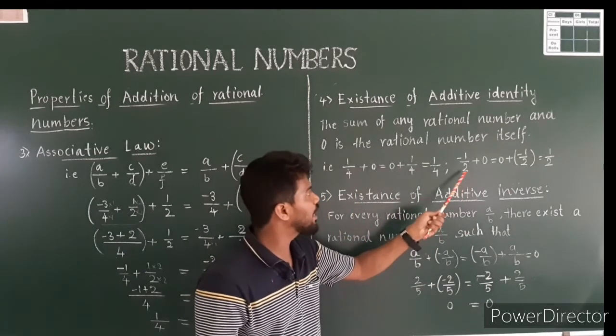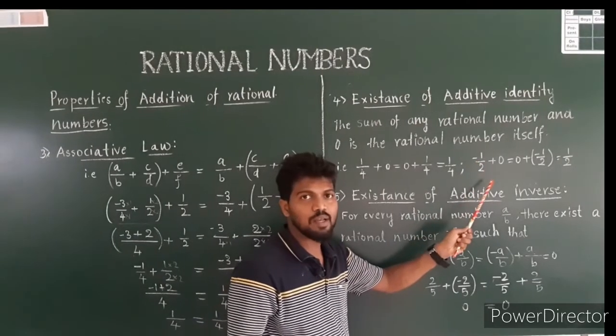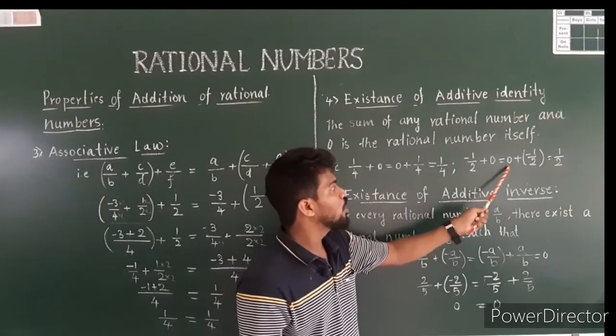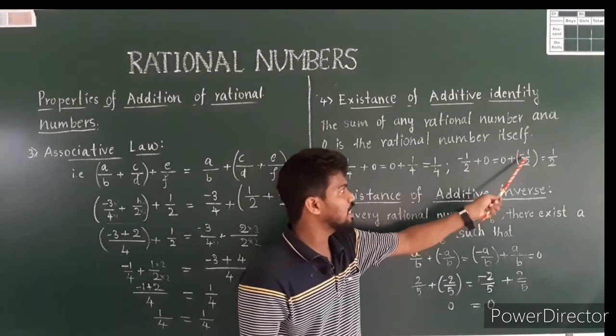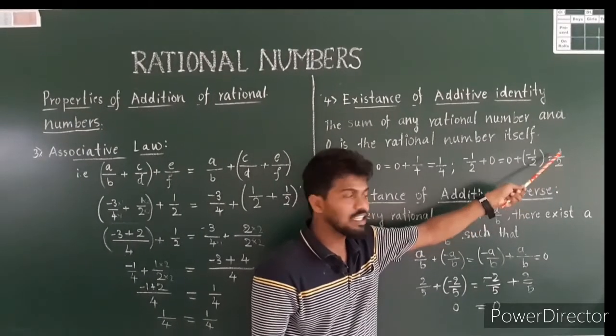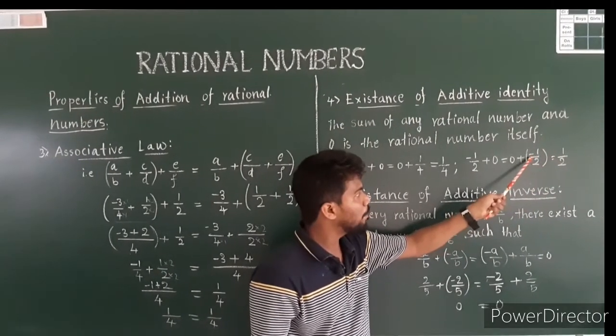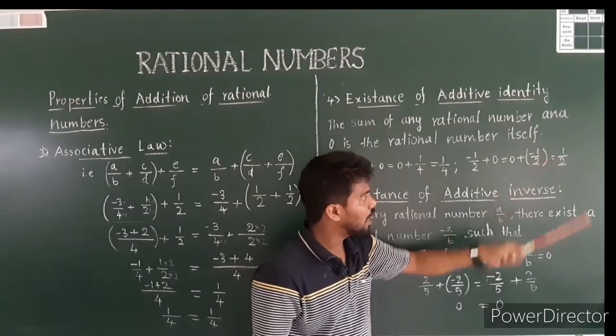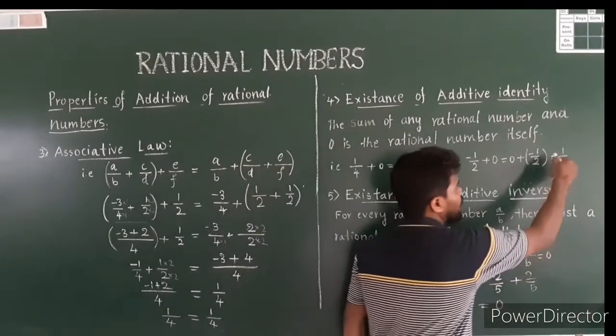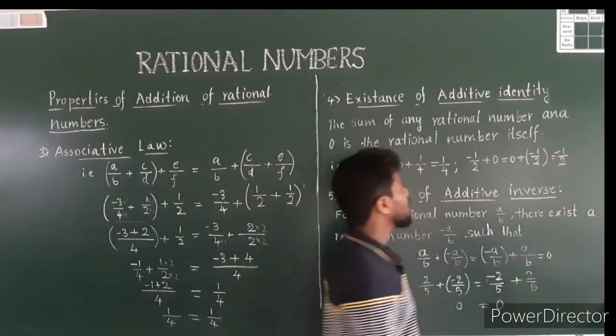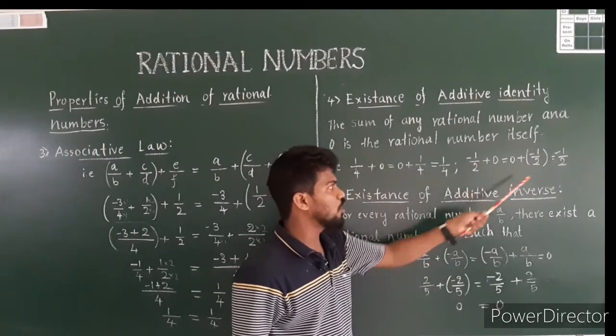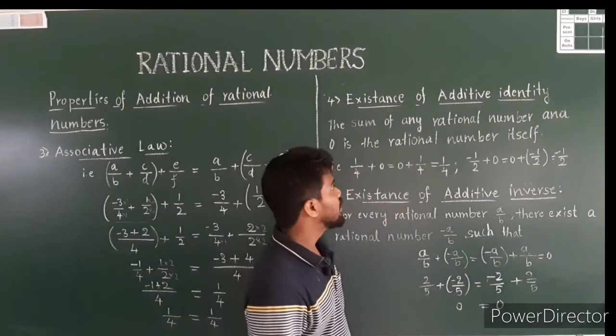Similarly, I show it in a negative number. So minus 1 by 2 plus 0 is minus 1 by 2, the number itself.